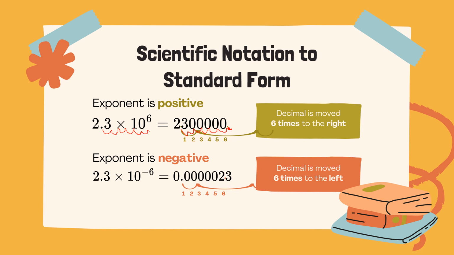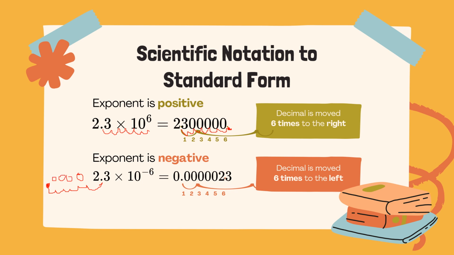Now when it's negative, you just do the opposite. Instead of moving the decimal to the right, you move it to the left. It's still negative 6, so 1, 2, 3, 4, 5, 6, and you fill in these blanks with zeros.